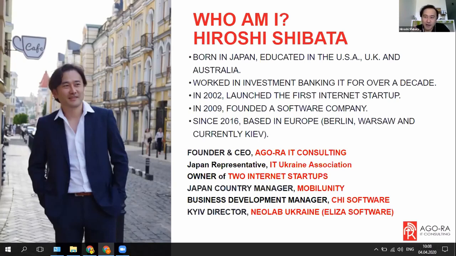It's such a coincidence, but this Mobilunity is in the same building as KSE, but with different entrances. It's an IT company with about 300 people. I'm basically a Japan country manager, and help them to promote the business in the Japanese market.